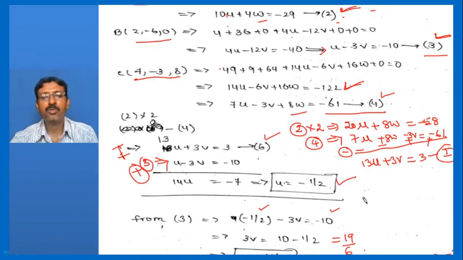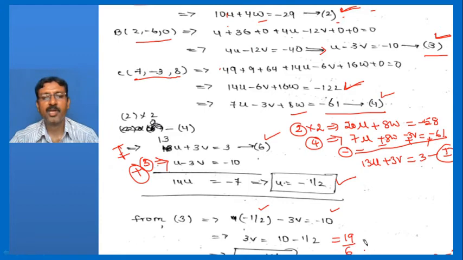Substitute u equal to minus 1 by 2 in equation 3. We get minus 1 by 2 minus 3v equal to minus 10. Shifting 3v to the right side and minus 10 to the left side, 10 minus 1 by 2 equals 3v.